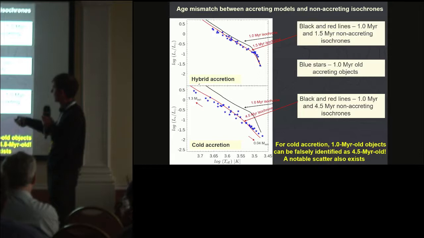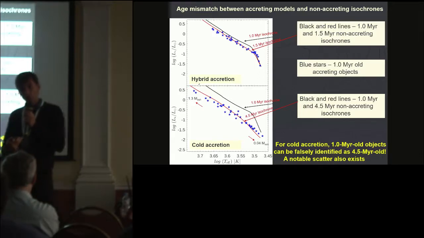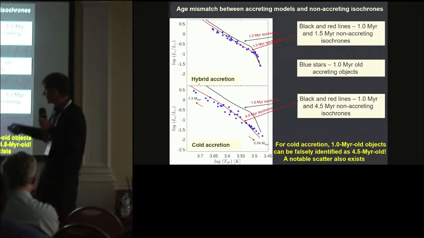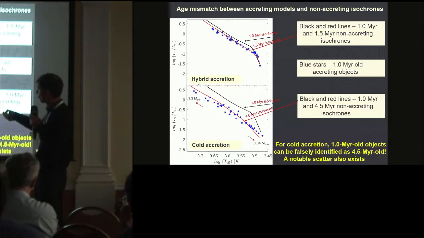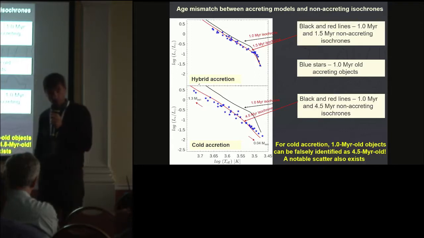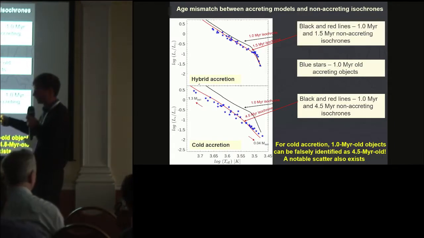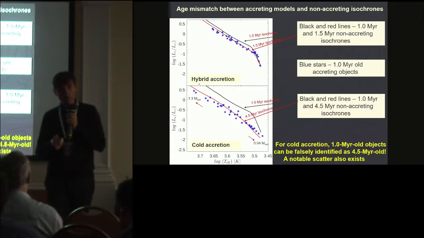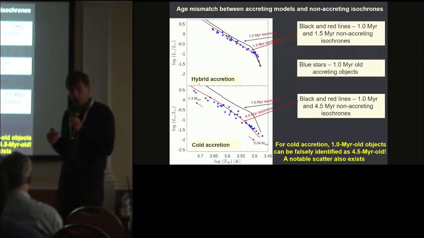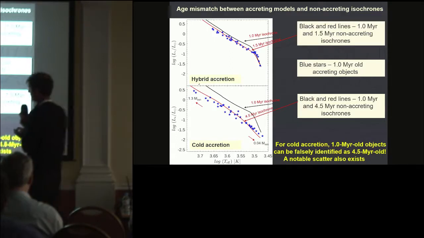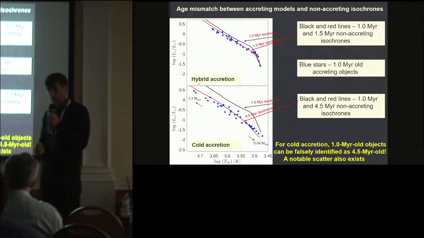We put them again on the HR diagram, and then we try to fit this data with non-accreting isochrons. This is 1 million years old, and this is 1.5 million years old. So the best fit now is such that although the objects are 1 million years old, you make a conclusion that they are 1.5 million years old.